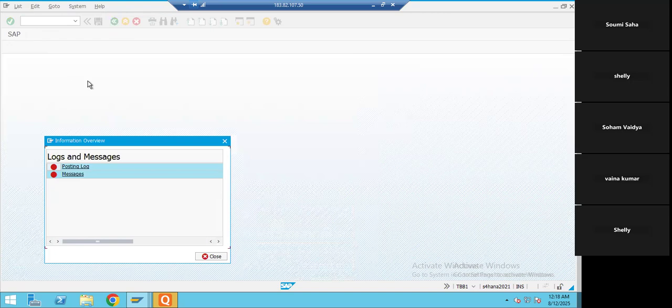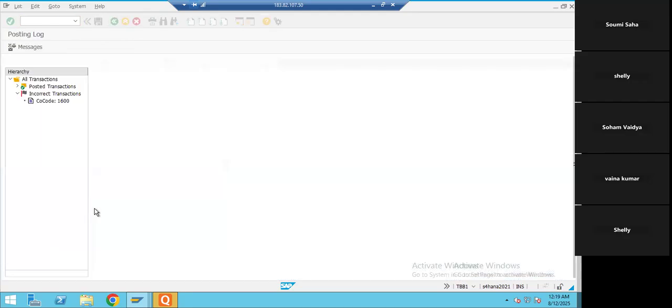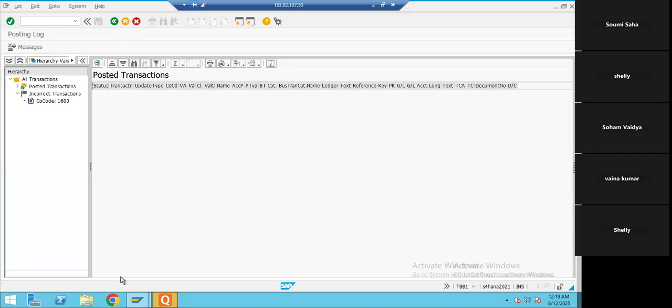Okay. The configuration is not complete. That is the reason it is going to give you red messages. Basically, there is an accounting configuration that you have to do in the background, which should be complete to post to accounting. There are no respective GL accounts assigned right now. That is why it is giving you a red message. If you see here, the accounting logs will be generated.